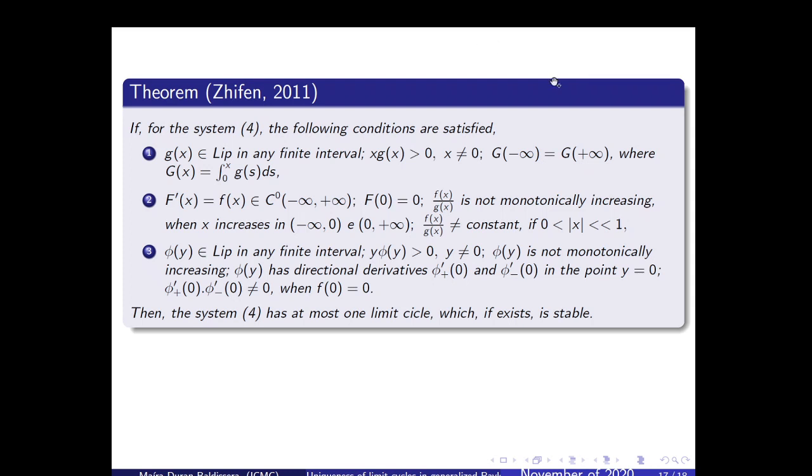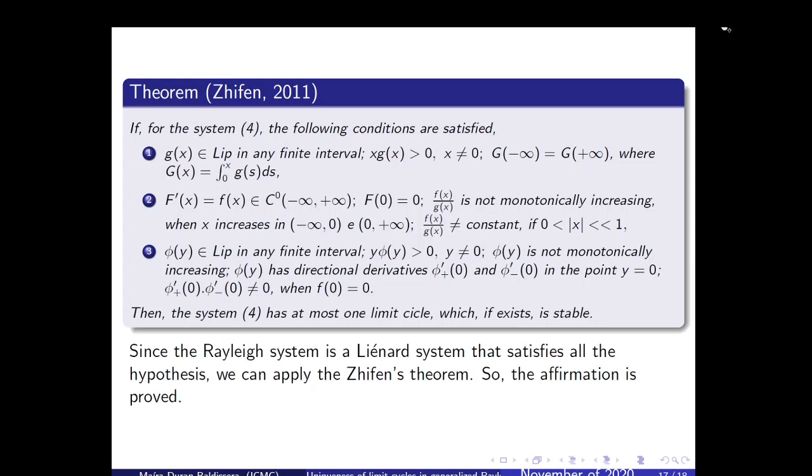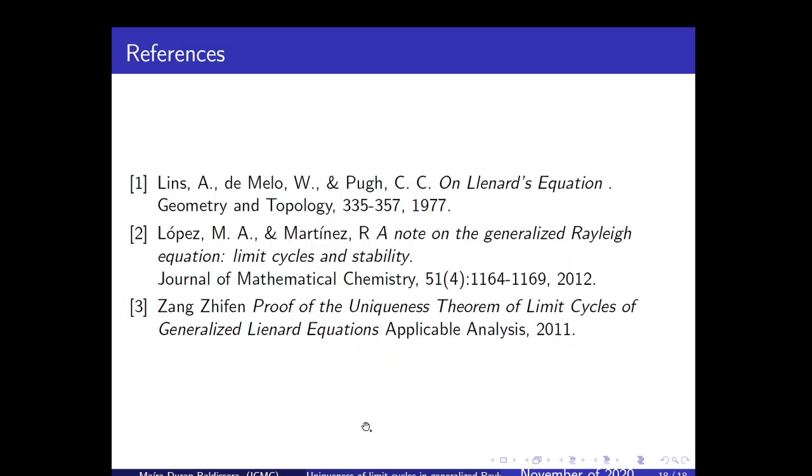So I said that to introduce this theorem that will prove that the limit cycle is unique for the Rayleigh system, because the system is a particular case of the Liénard system and satisfies the hypothesis of the theorem, and the affirmation is proved.